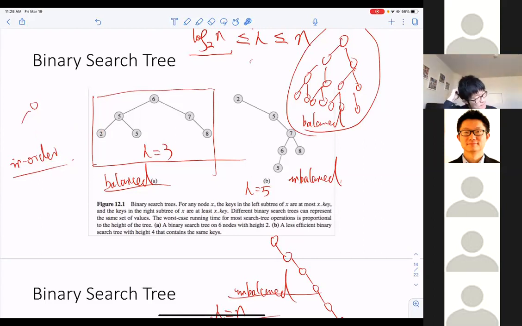Would we have to find the height of the tree? How would we know what the height of the tree is? Okay. If you want to know the height of a given tree, you need to write a function.